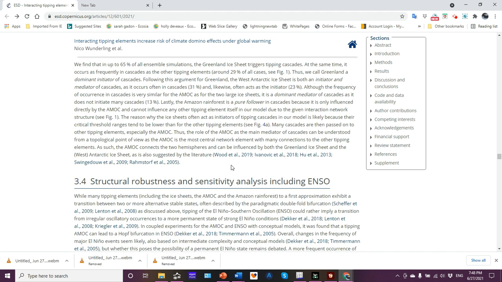Directly connected to the Greenland ice sheet, the Amazon, Antarctic ice sheet, and so forth. As such, AMOC connects the two hemispheres, north and south, and can be influenced by both Greenland and West Antarctic ice sheet. Okay.